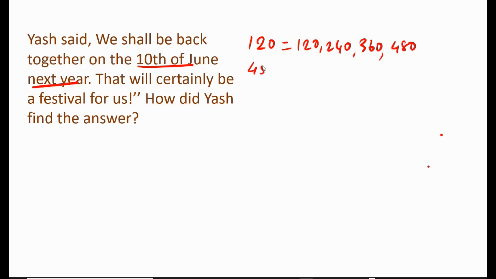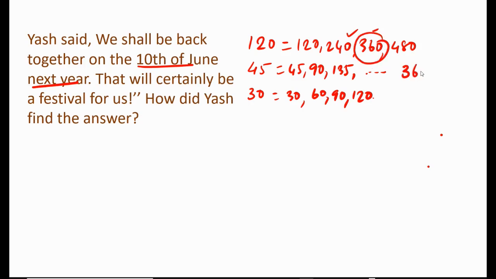And 45 will go like this: 45, 90, then 90 plus 45 is 135, like that it will go. And for 30 days, it will go like 30, 60, 90, 120. So we found that 360 comes here, and here also 360 comes.